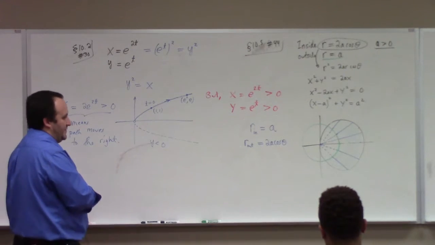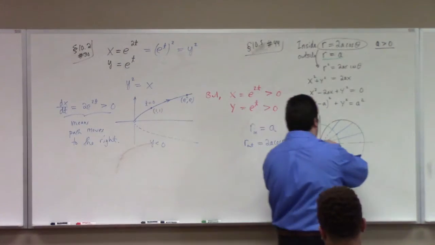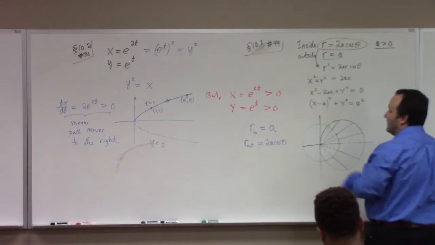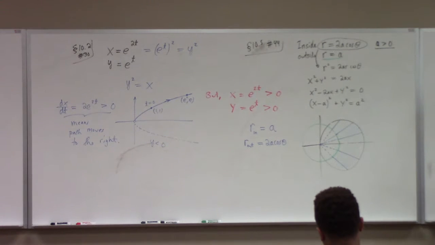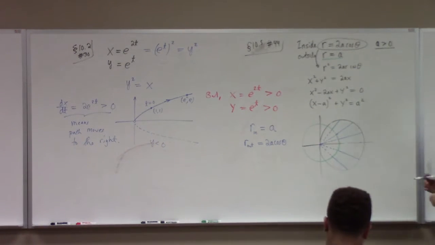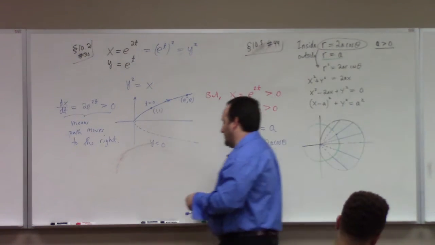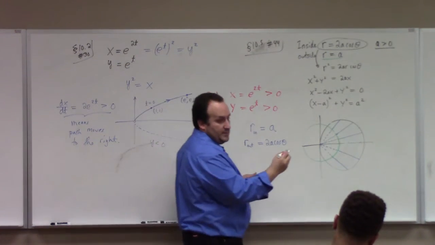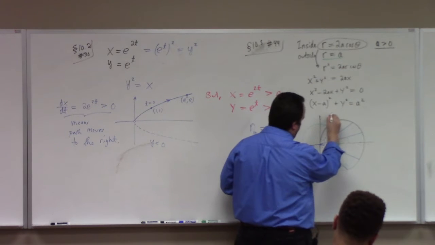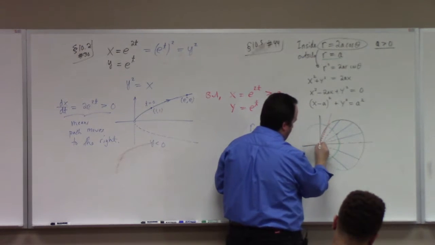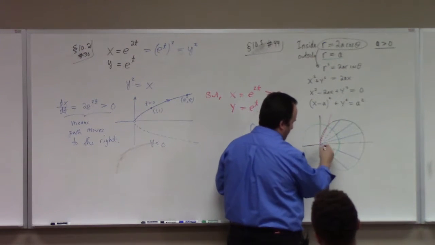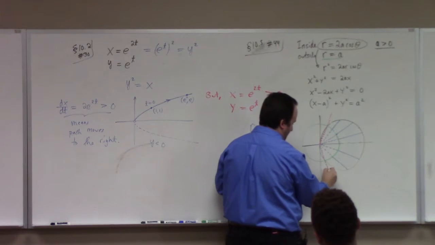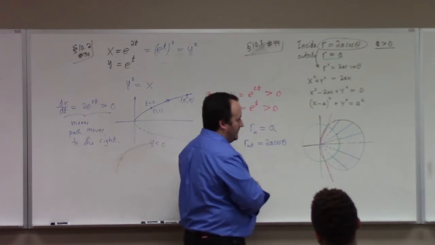Nope. That's just, this black circle is r equals 2a cosine theta. So the more interesting question is what does theta range over here, right? Here's your max theta, and then like that, right?